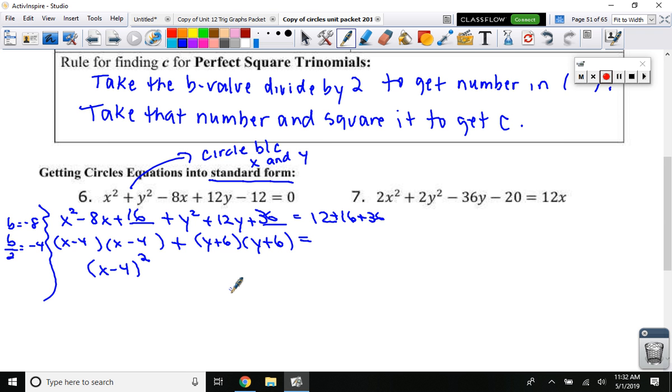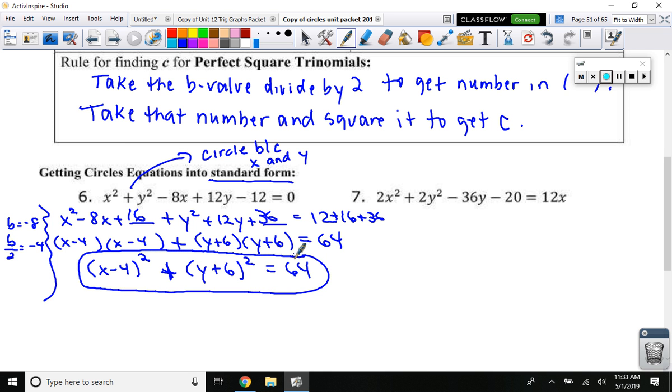So now actually what do I have on the right hand side? 12 plus 16 plus 36, 64. And so now we know that y plus 6 times y plus 6 is really y plus 6 squared equals 64. And this is an equation in standard form.